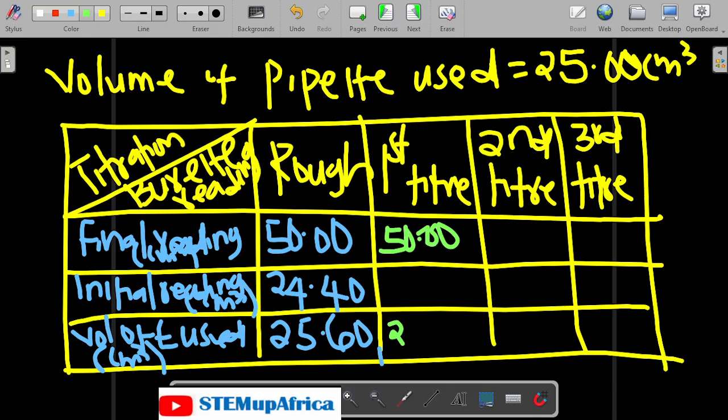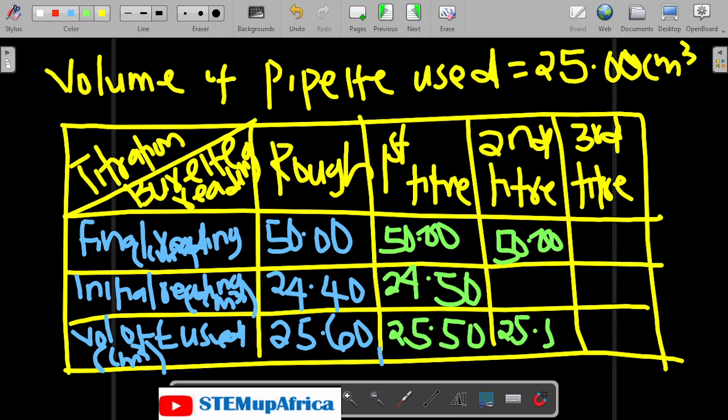Here is now 25.50, so the initial now becomes 24.50. Let's also take it as 50.00, 25.50. Here is 24.50. Let me see, here's 25.50, 0.00, 25.50. So with this, we can calculate our average volume of E used.